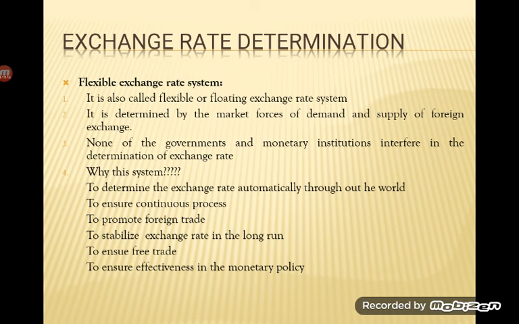So if the currencies in the world are determined on the basis of the automatic forces of demand and supply, then that system is called the flexible exchange rate system. It is also called, as I told you, floating. What is floating here? The forces of demand and supply. So no government and no international monetary institutions will interfere in determining the exchange rate.